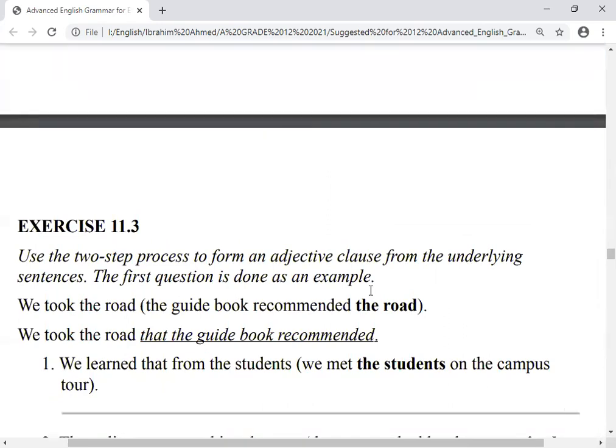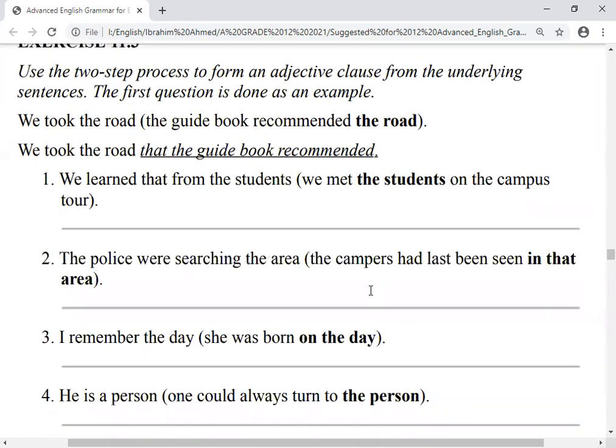Exercise 13. Use the two-step process to form an adjective clause from the underlying sentence, as we did. The first question is done as an example. We took the road. The guidebook recommended the road.